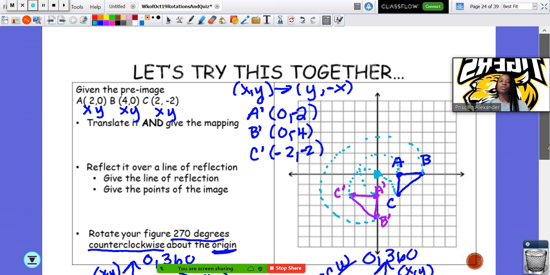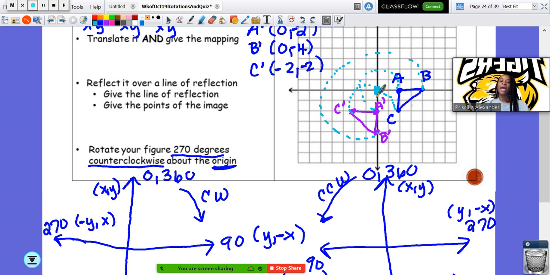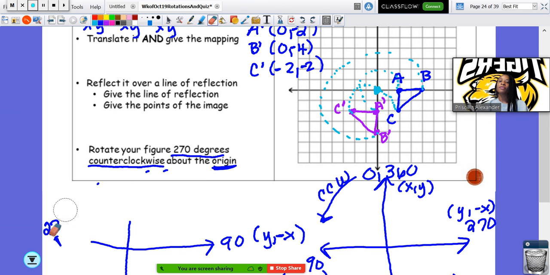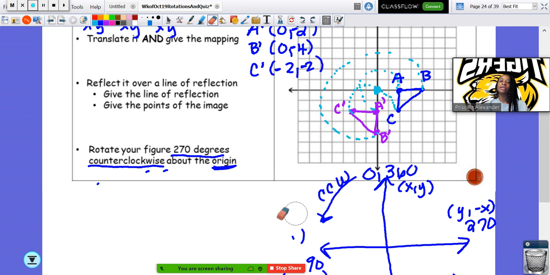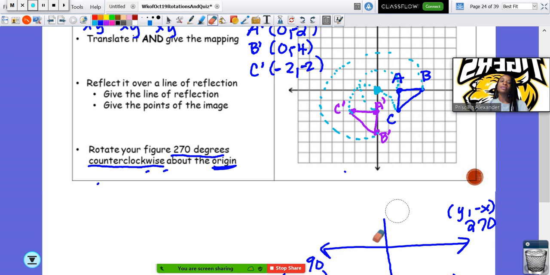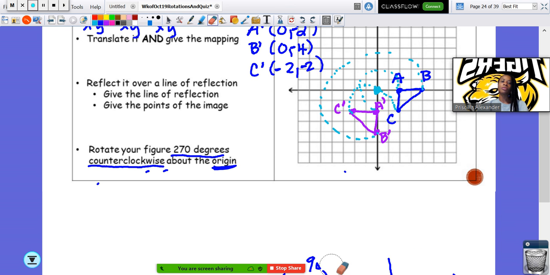So what you notice here is the path created from the pre-image to the image is going to be a circle. Actually, not a whole circle, it's going to create an arc, and the arc is a piece of the circle. And if I finish those dotted paths off, then you would see a complete circle.